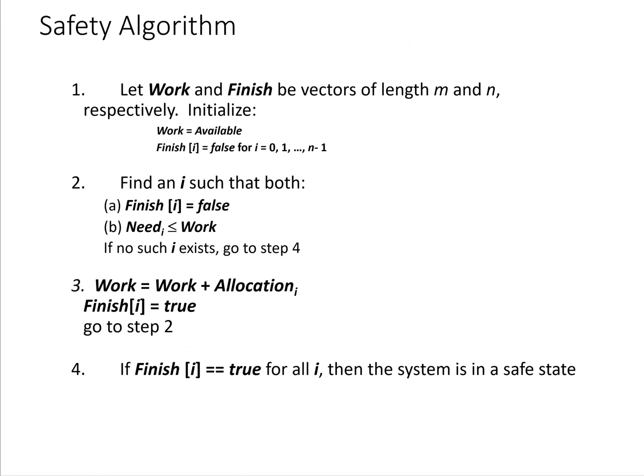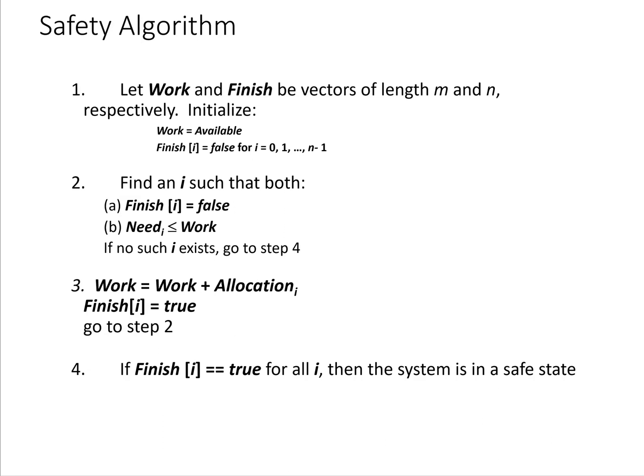It's pretty complex to do this, but here's a safety algorithm. Let Work and Finish be vectors, and initialize them. Find an i such that Finish[i] equals false and Need[i] is less than or equal to Work. If no such i exists, we move on to step 4. Otherwise, we assign the allocated ones.